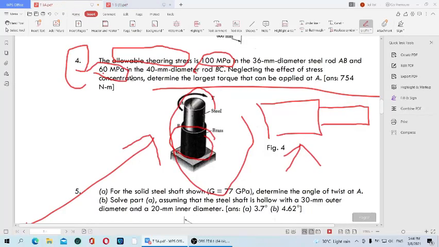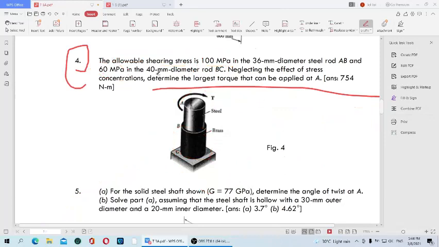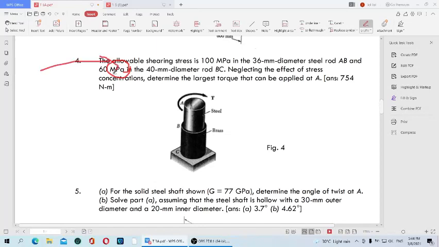Because the shearing stress we are dealing with is in megapascal, every single length involved must be in SI units.